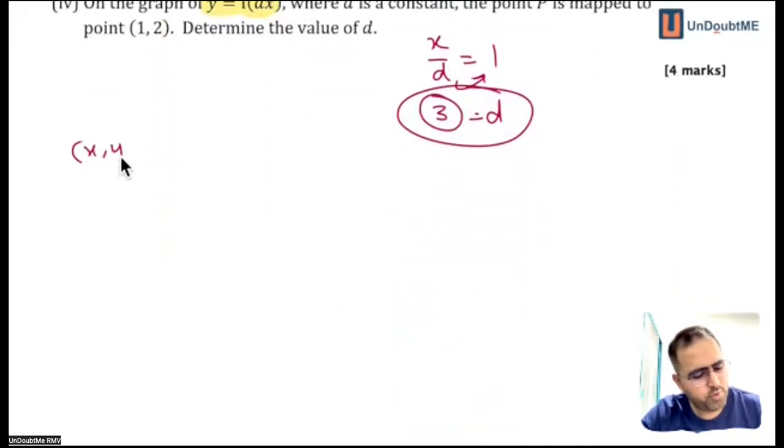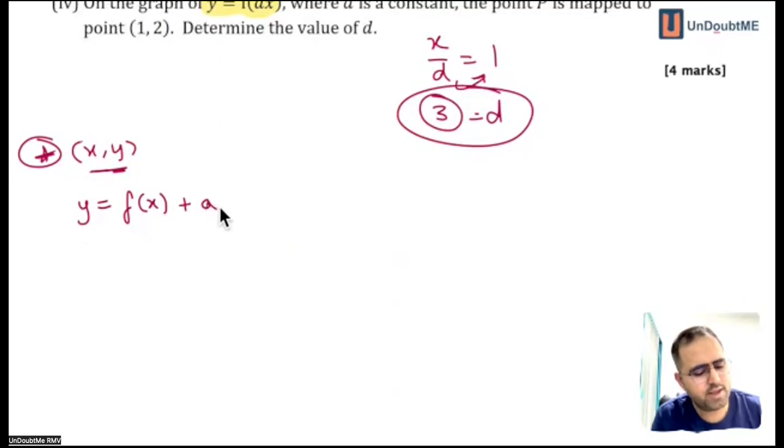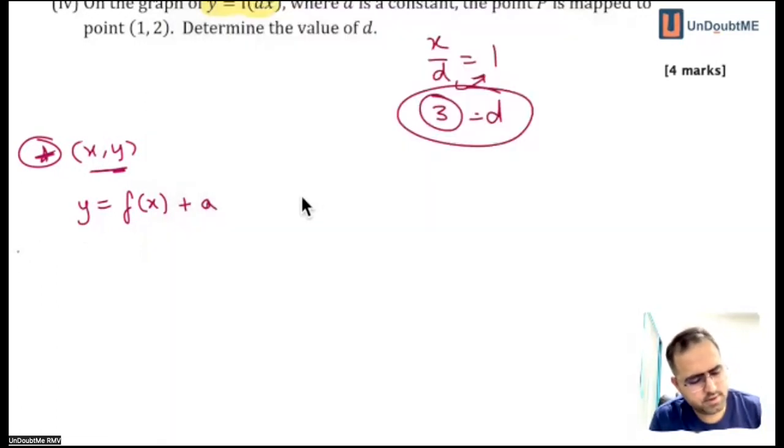So time for writing the final results. Let's say if x comma y is the coordinate, this is the very important part of the whole question and whole concept, whatever we have discussed. If I have y is equal to f of x plus a, how will this x and y be changed? The y will just be plus the a value. x will be x only and y will become y plus a.